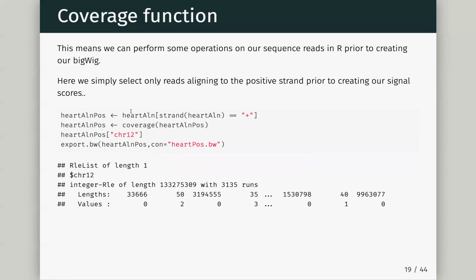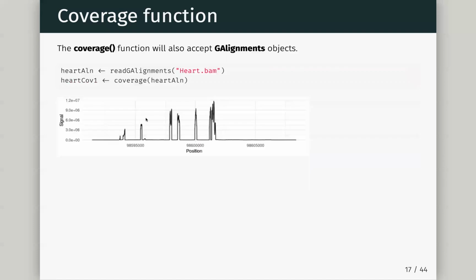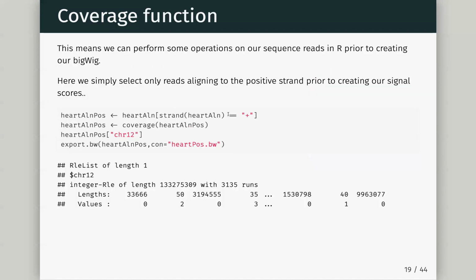This means that we can do some operations on our sequences prior to creating our bigwig. One, which I think is a nice recipe for you, is to split it into stranded versus non-stranded. So here we can just use our read-in GA alignments object from our BAM file and filter it down to those which have a strand equal to plus, so on the positive strand.